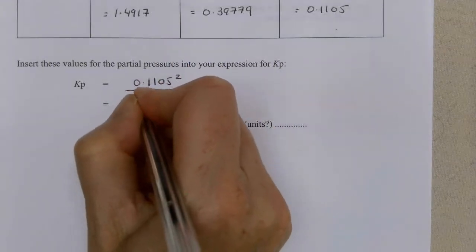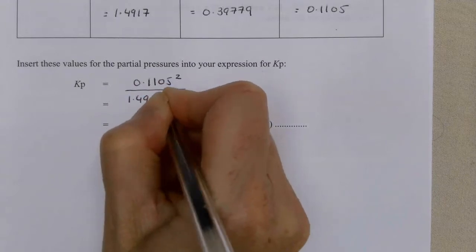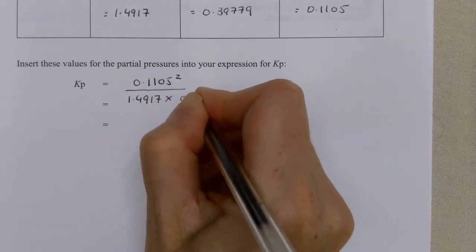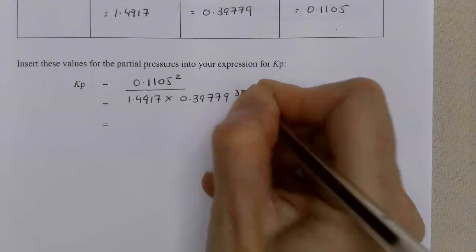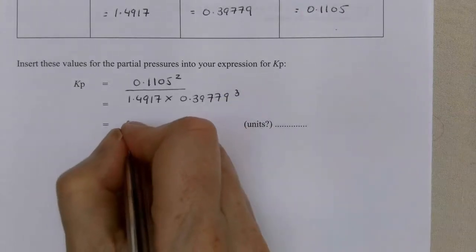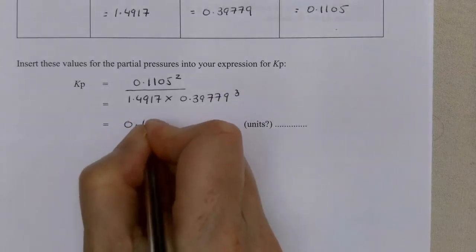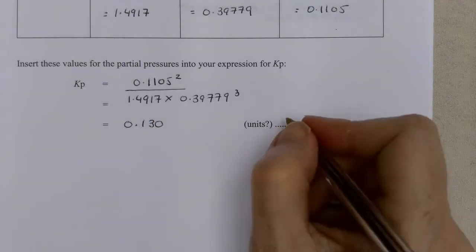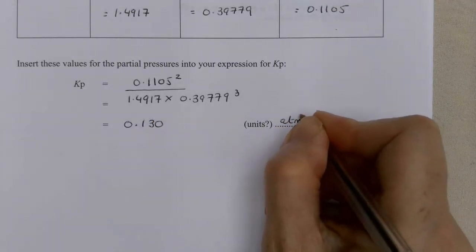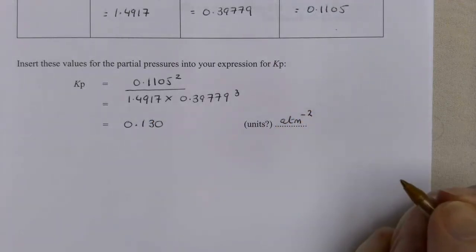So I've got 1.4917 times 0.39779 cubed, and that all equals 0.130 to 3 sig figs, and the units are ATM to the minus 2.